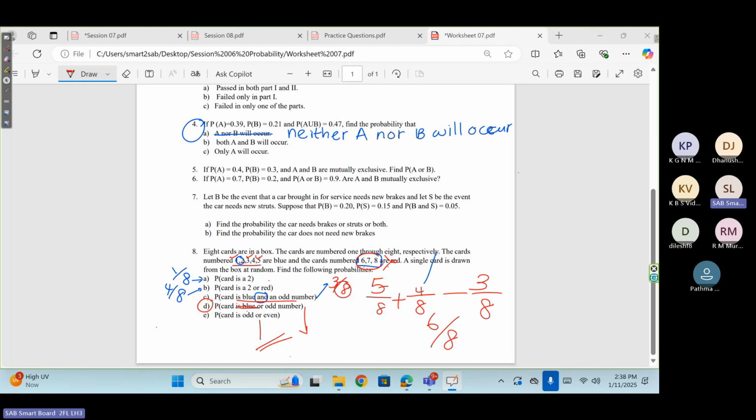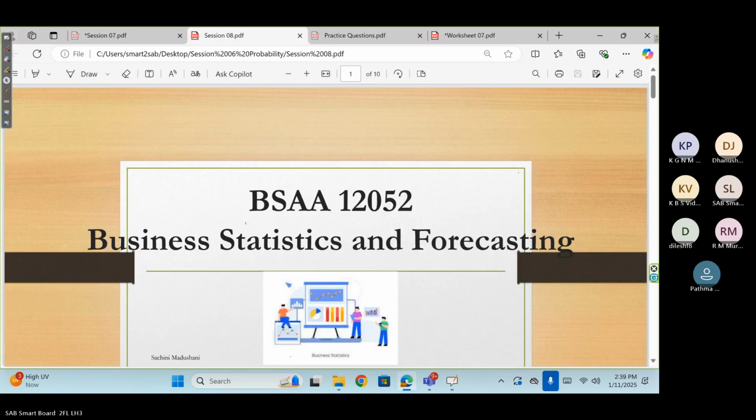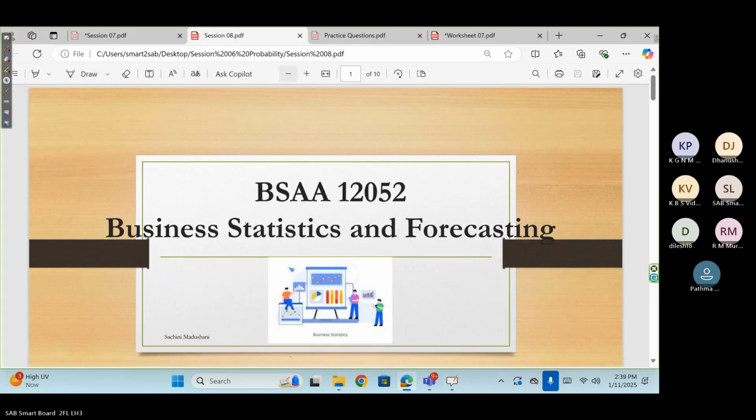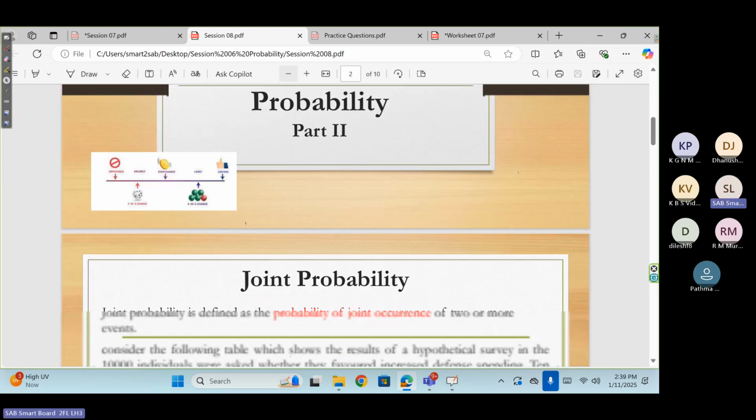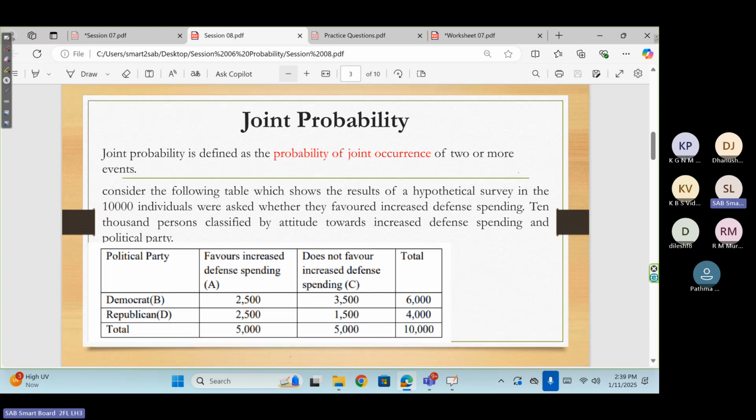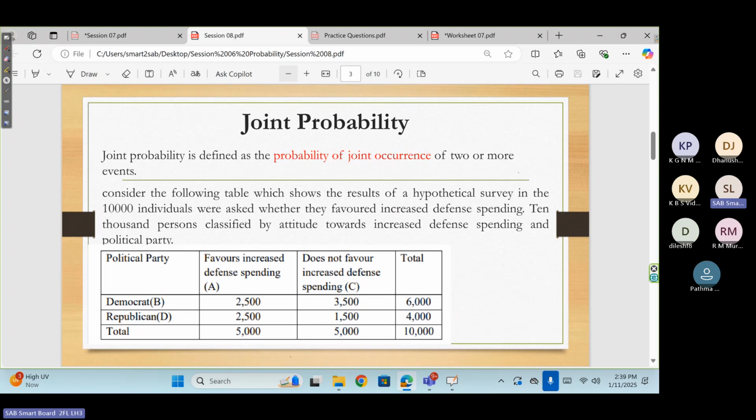No issues. Shall we move to the next part? Here, first we will study joint probability and marginal probability. Joint and marginal probability. Now stop talking.